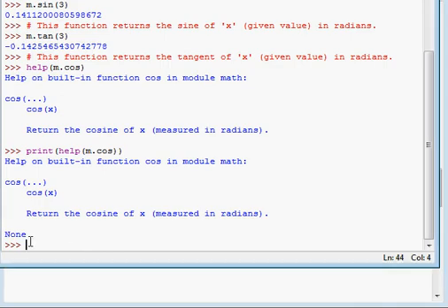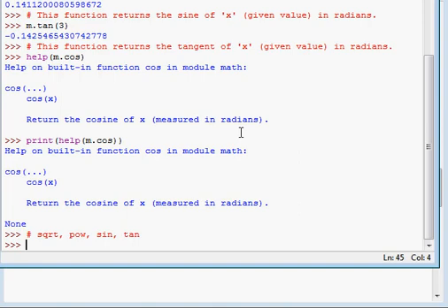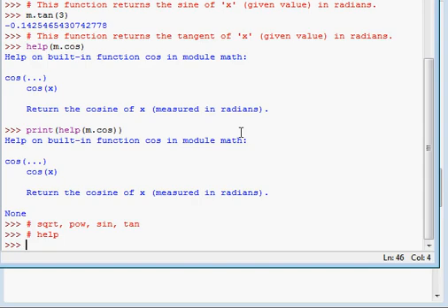So in today's topic, we have seen some functions of math module. One was sqrt, second was power function, third was sine, and then we have seen tangent function for tan, and we have seen one help function also for finding the help related with any function.